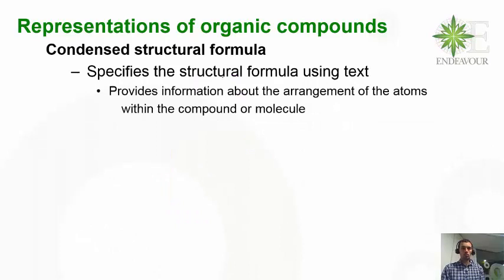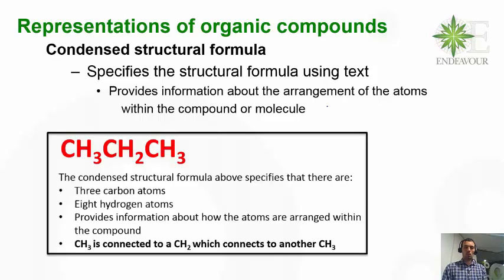It shows you the structural formula as text, so we remove some of the bonding. The only bonds that we see are the bonds between the carbon atoms. I'll show you what I mean by this. The same structure we saw in the previous slide can be represented as CH3, CH2, and then another CH3.